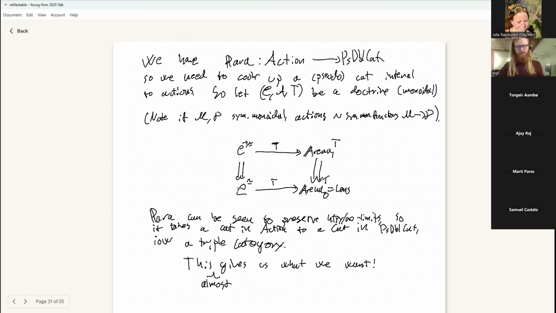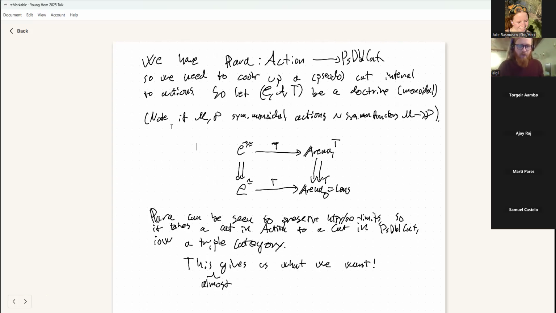So there's a functor from the category of monoidal actions to the category of pseudo double categories. Now I need to cook up a pseudo category internal to this category of actions. Suppose I have one of these monoidal doctrines of dynamical systems.